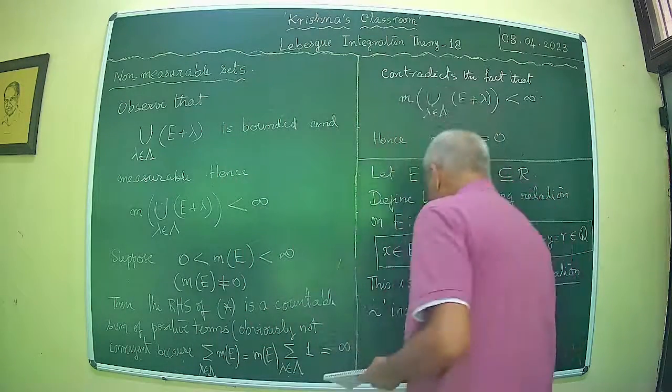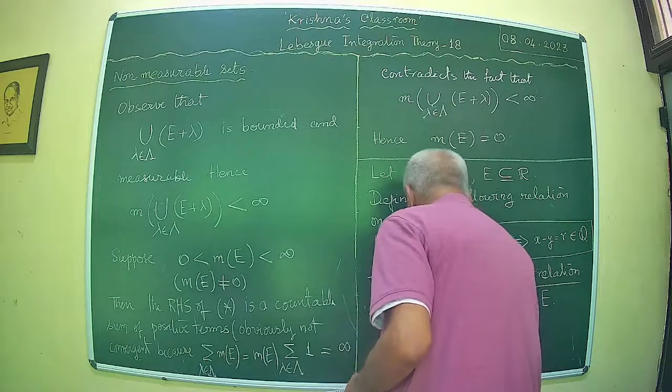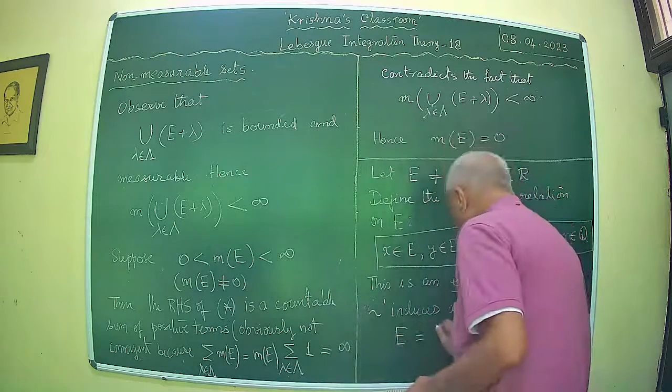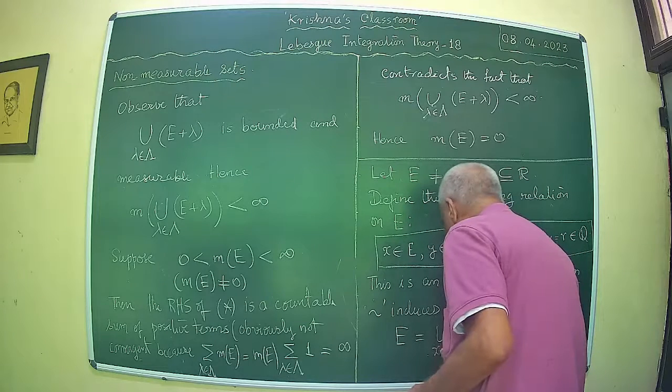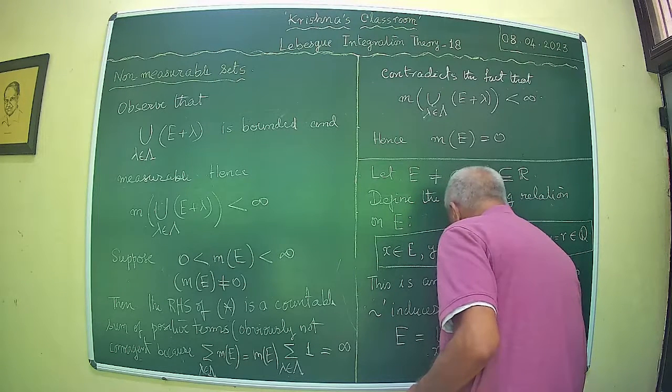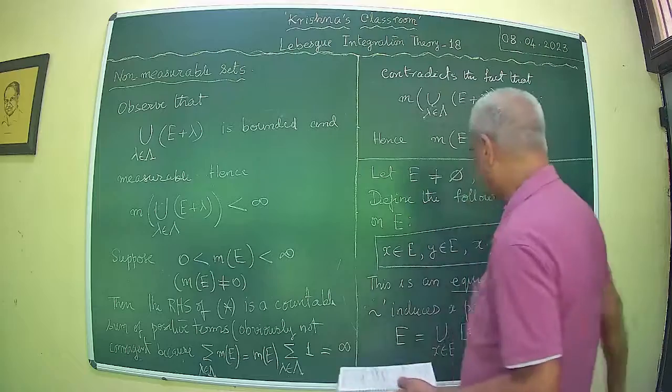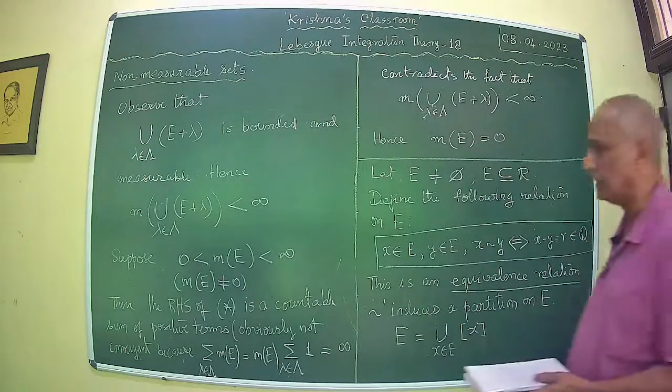That is, E is now the union of the classes bracket x, for x belonging to E. Now I will define what these sets are.